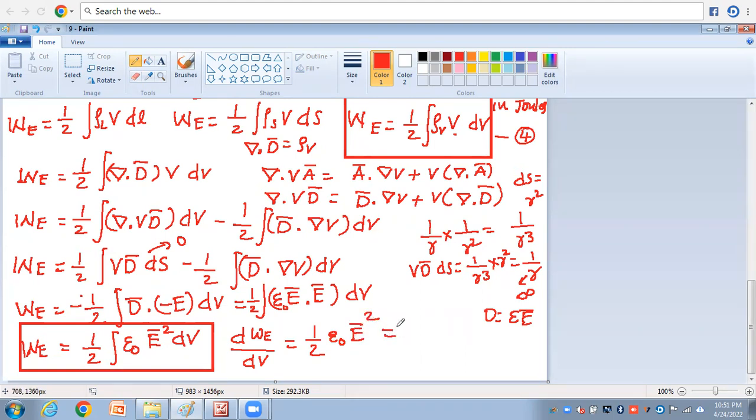Now this is extended, with E bar in the place of D bar: one more extension, D bar square by epsilon naught, as it is.